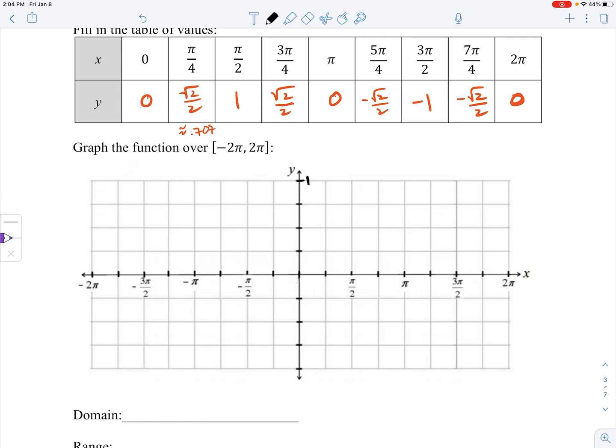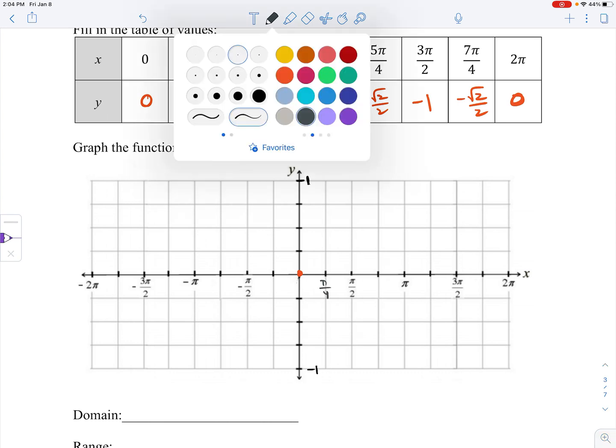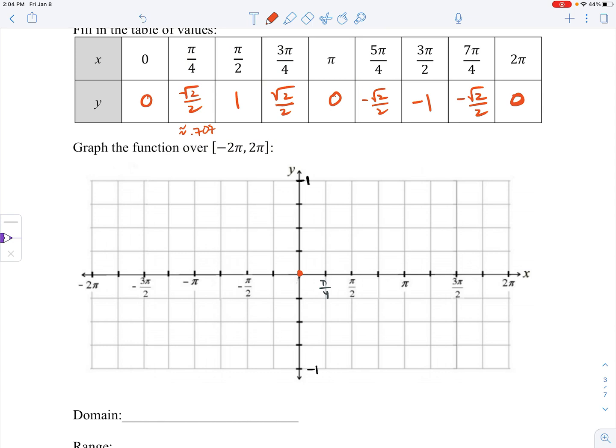So then I'm going to call this one and this negative one. Plotting those points, halfway between 0 and pi over 2 is pi over 4. So 0.707 would be just below here. The tick mark would be 0.75. And then we're up to 1. We come back down.